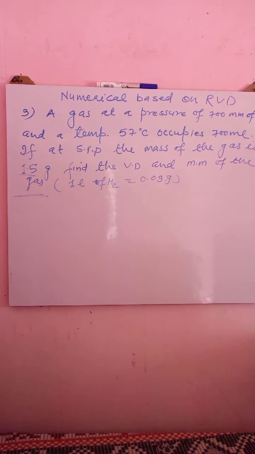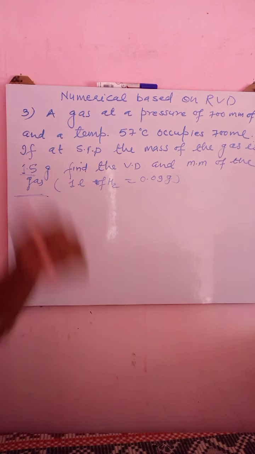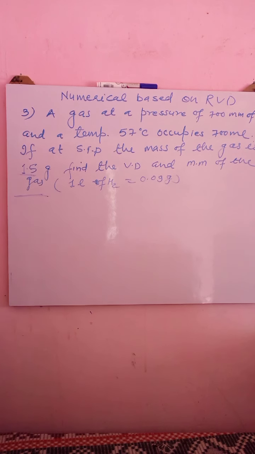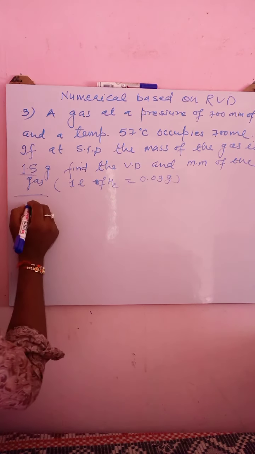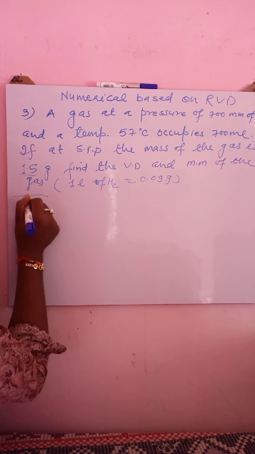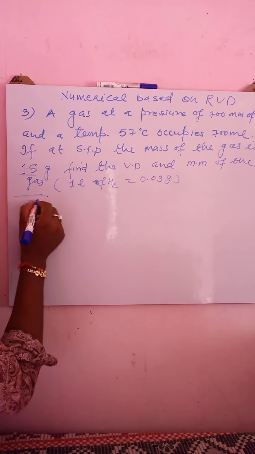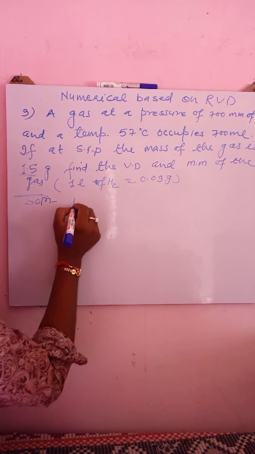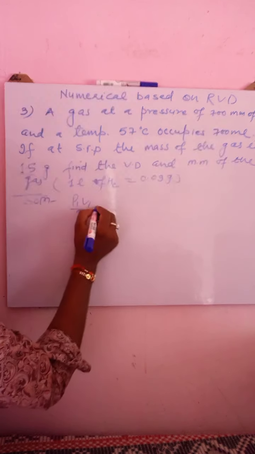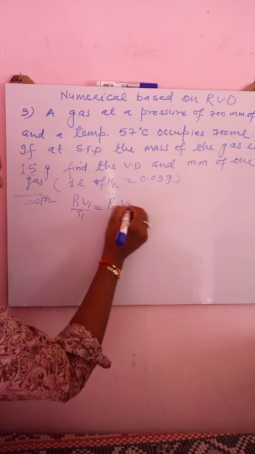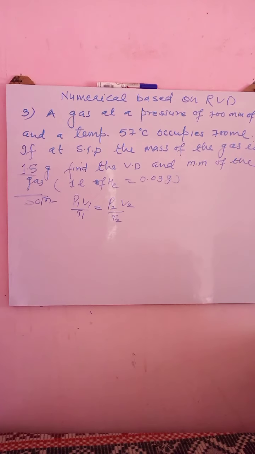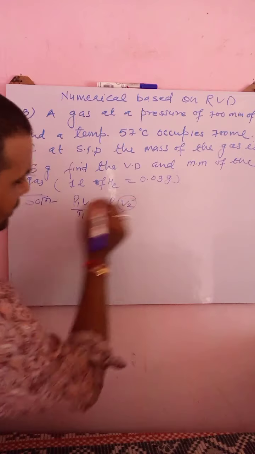So we will apply the gas equation, P1 V1 by T1 is equal to P2 V2 by T2, because first we have to find the volume at STP. We have to find out V2 here.